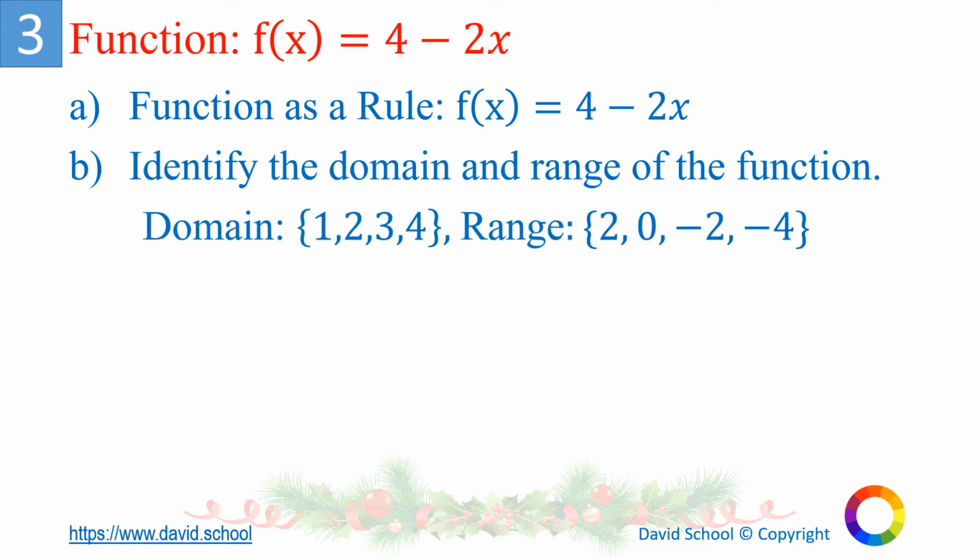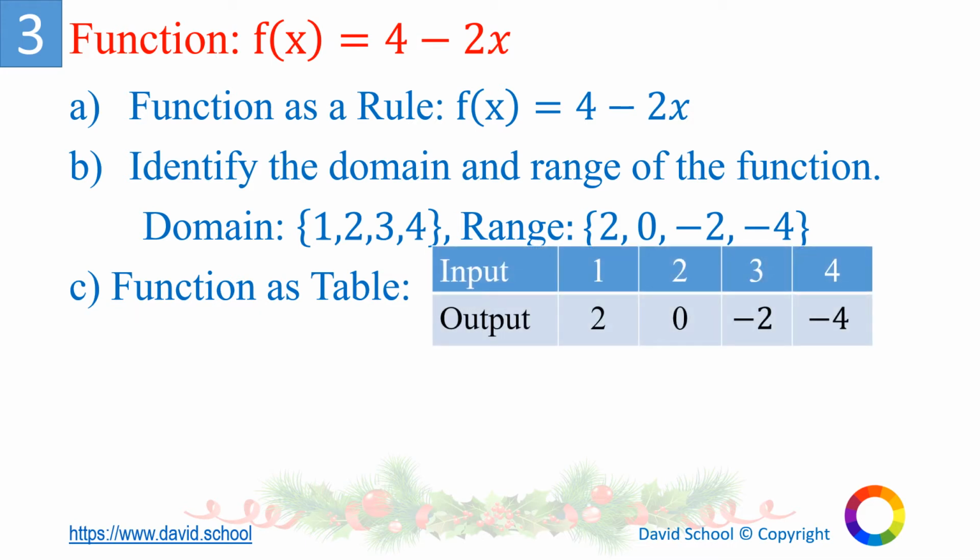Let us take domain 1, 2, 3, and 4. Therefore, we'll get corresponding values of range 2, 0, -2, -4. We can write domain and range in a table like this.